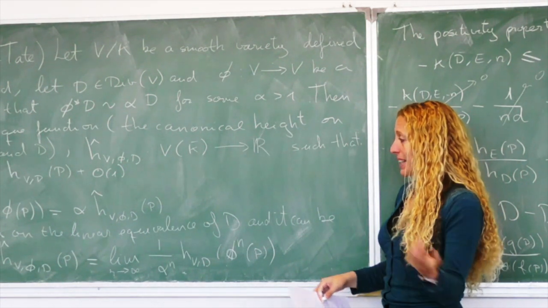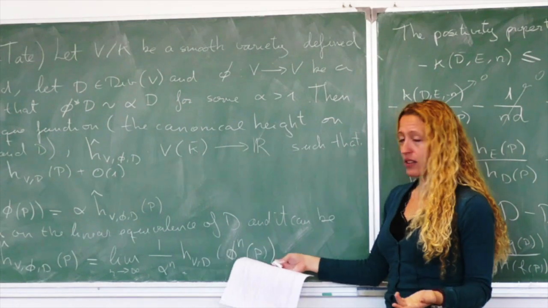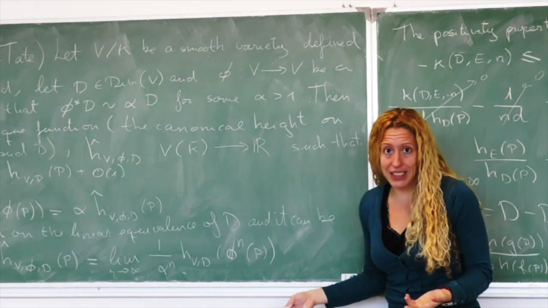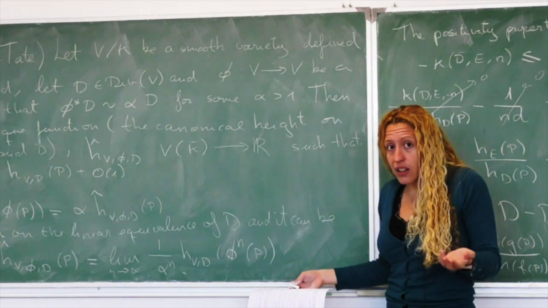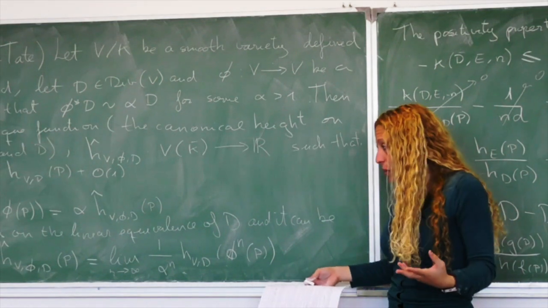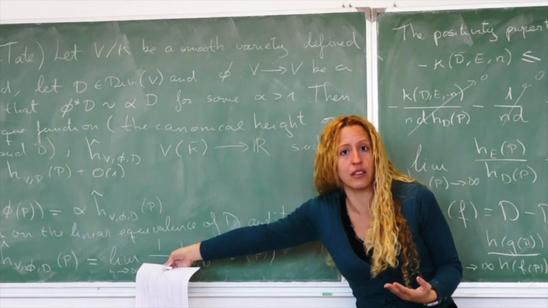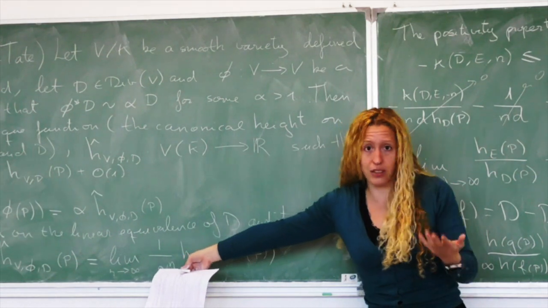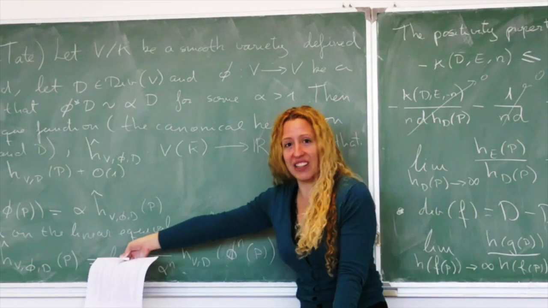So what is the idea? We define the height in this way. What we have to prove is that this definition makes sense, meaning that this limit exists. Because if this limit doesn't exist, then we haven't defined anything.